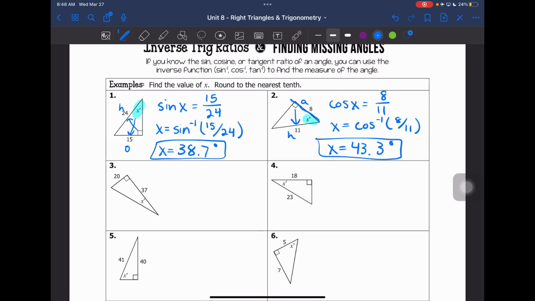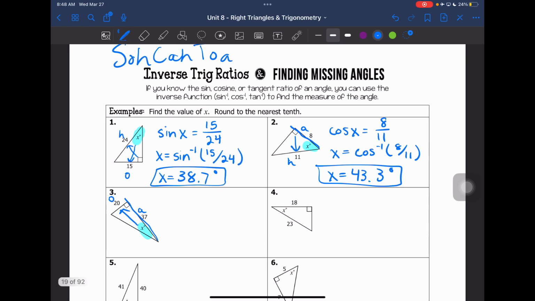Okay, let's look at 3. So I have my angle, I have an opposite leg, and I also have an adjacent leg. So because I have opposite and adjacent, I'm going to use tangent. So let's write tan of x is equal to, and my ratio is opposite over adjacent, so I'm going to do 20 over 37.